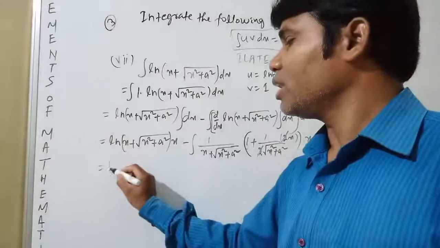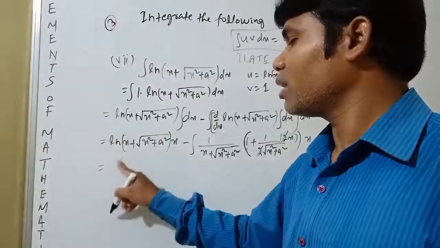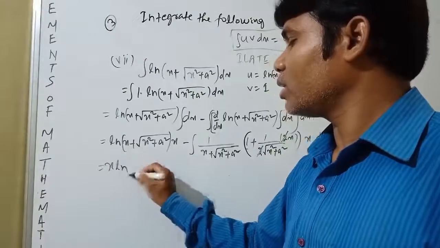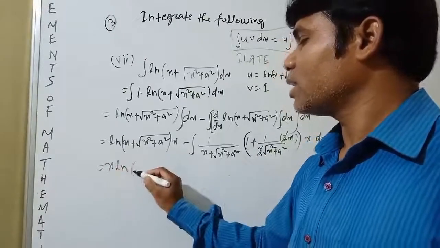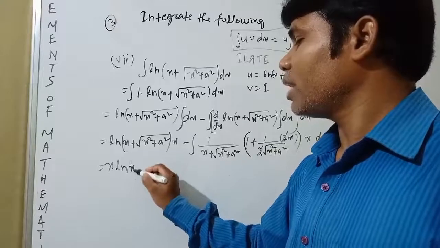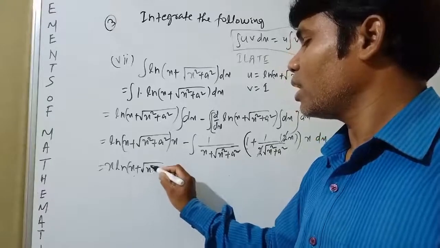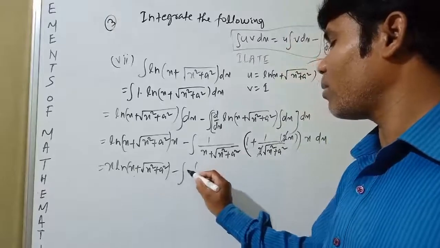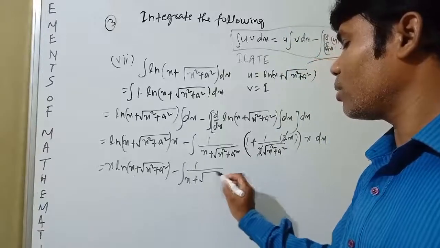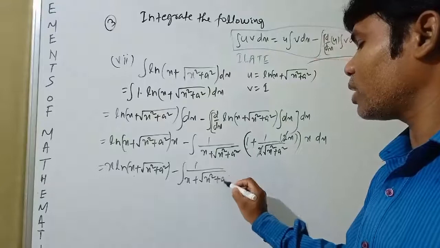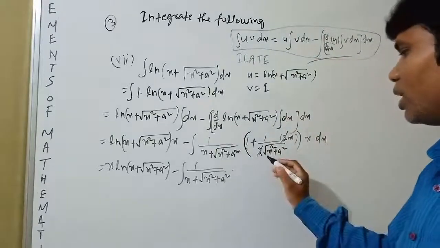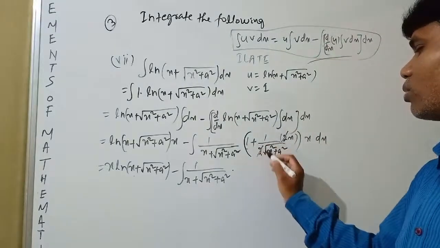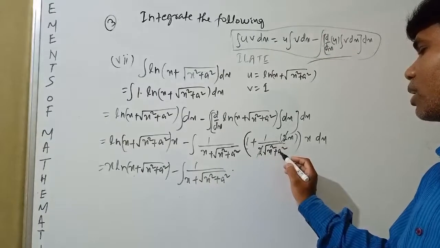This is equal to x ln(x + root over x square plus a square) minus the integration of 1 by x plus root over x square plus a square into 1 plus x by root over x square plus a square.